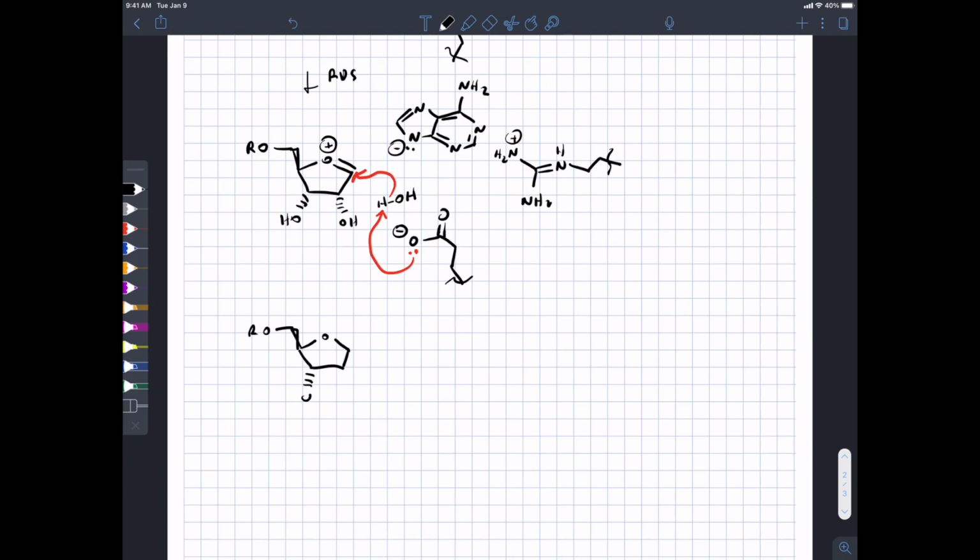You have the ribose ring, which now doesn't have the base attached to it. And then you have, I'm trying to see what they show as the product.